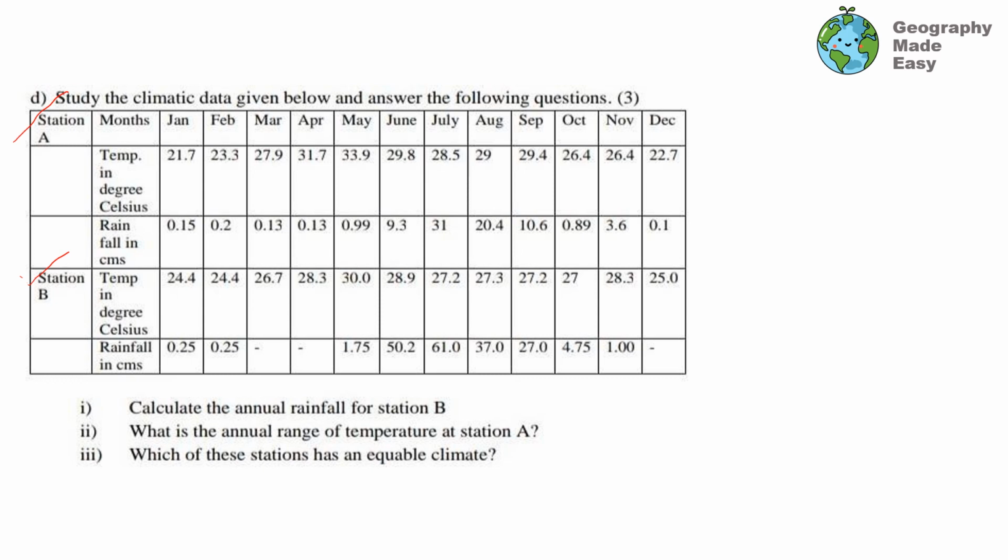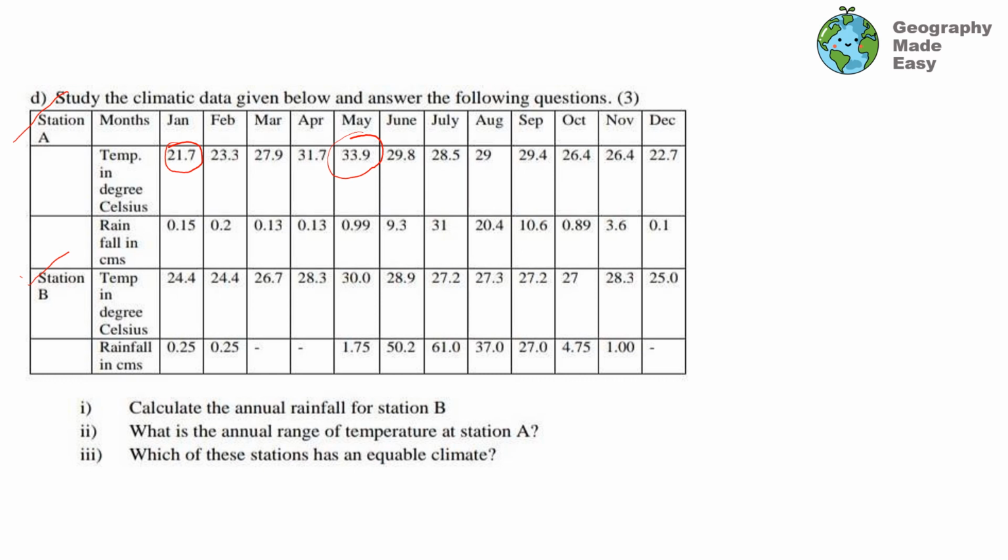If we look at the temperature, the highest temperature is around 33 degrees Celsius in May, and the lowest is around 21 degrees Celsius.